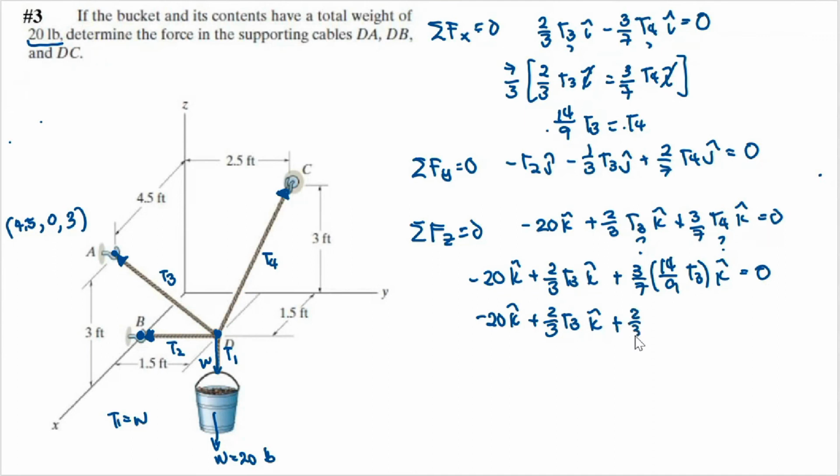Okay, 2/3 T3 k hat. Then 2/3 plus 2/3, what will be the answer? 4/3. So, sinimplify ko ito, i-add this one kasi pareho na sila. So, negative 20 k hat plus 4/3 T3 k hat is equal to 0.